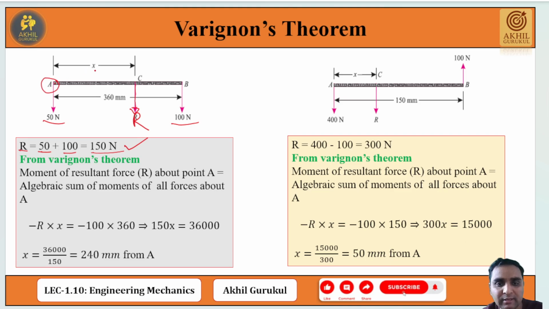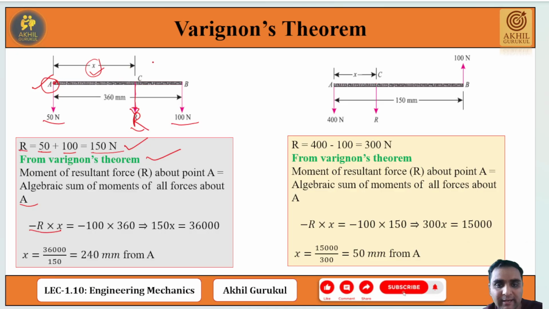I assume it is X distance from A. So we have to find out the value of X. So we can use the Varignon theorem to find out the distance of resultant from A. From the Varignon theorem, the moment of resultant force R about the point A equals the algebraic sum of moments of all forces about point A. So moment of resultant R about point A is equal to R into X.